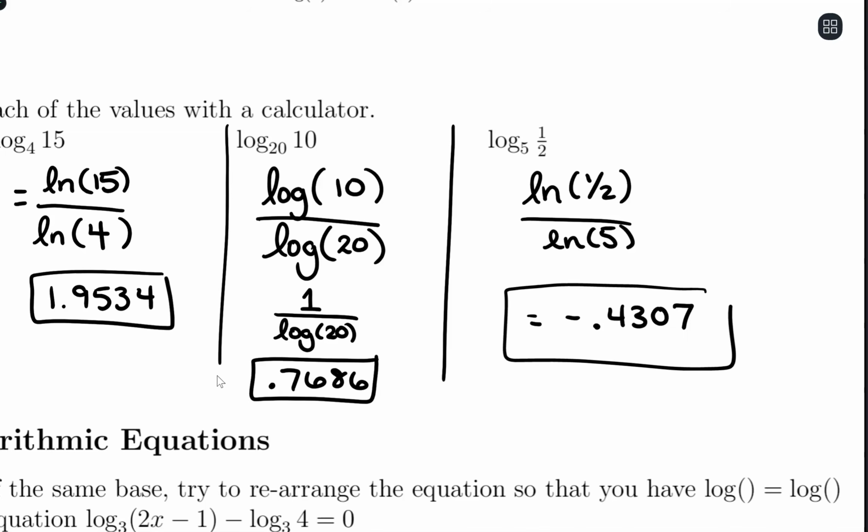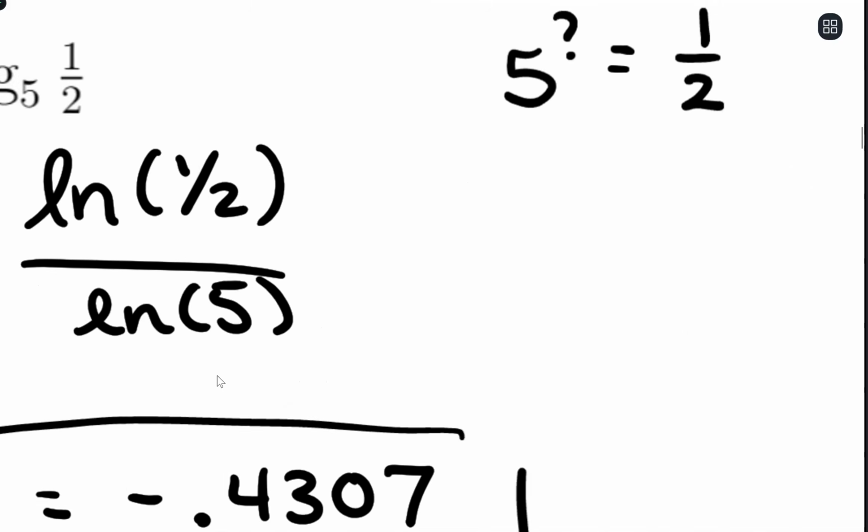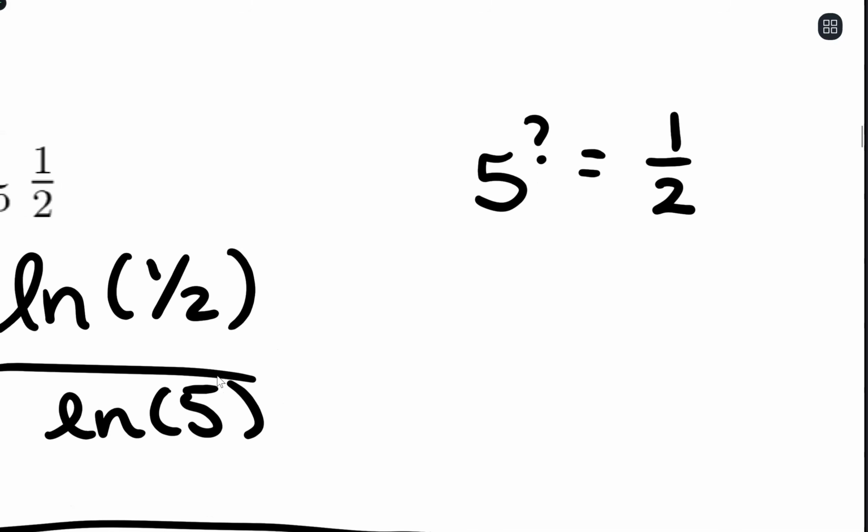And why is that? 5 to what equals 1/2? Typically, if we're starting with a base that's higher than 1, and then our outcome is a fraction, that's a property of negative exponents.